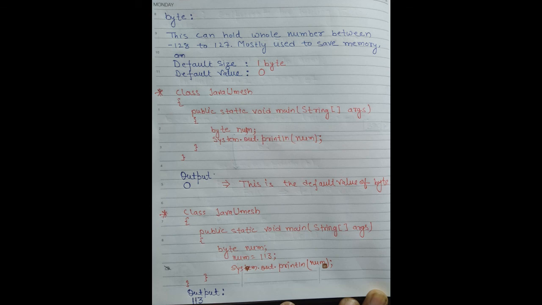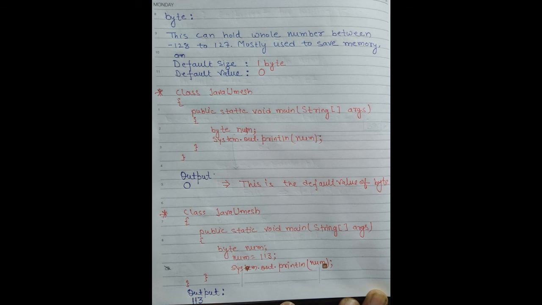Now here I have taken byte num, then System.out.println num. In this example we have not put any value for num. When we run this program, we will get the value 0 as output. Why do we get 0? Because byte has the default value 0. That's why we are getting the output 0.